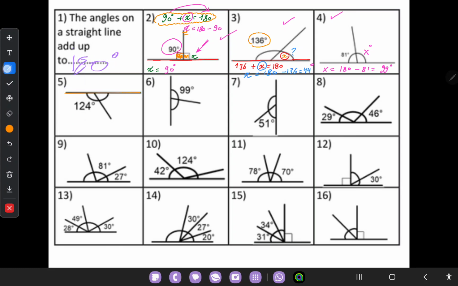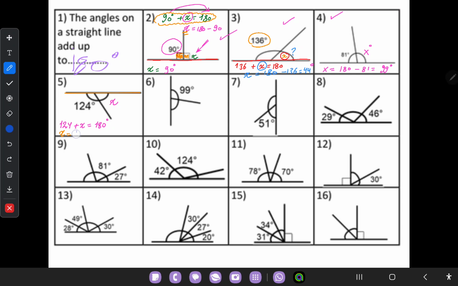So here we have a missing angle. We can label it x, and we know that 124 and angle x add up to 180 degrees. So to get angle x, we will do 180 subtract 124.